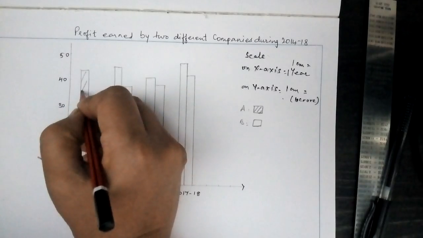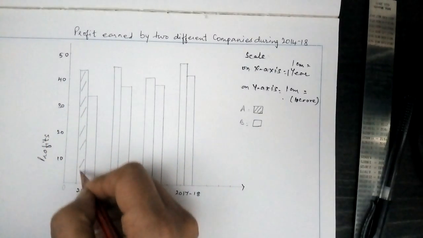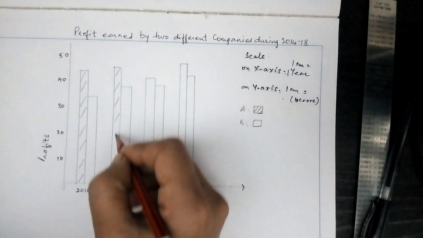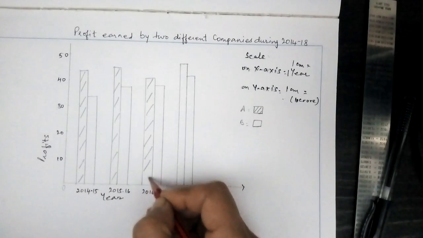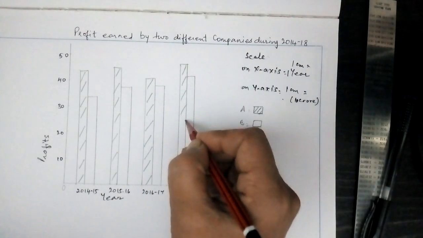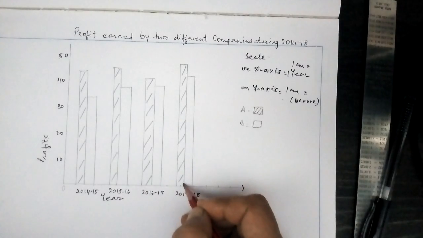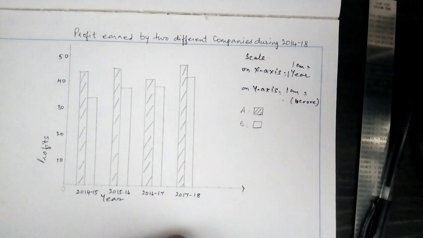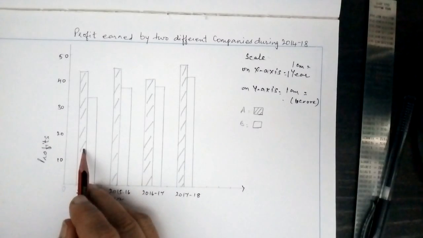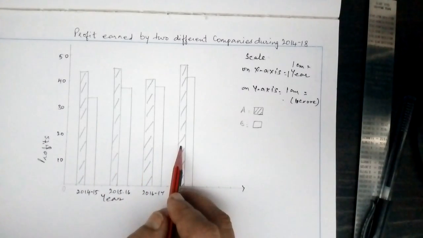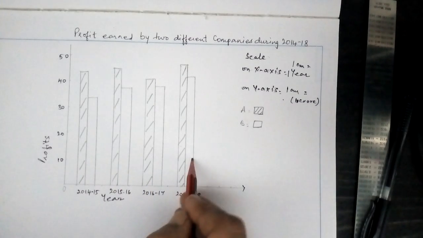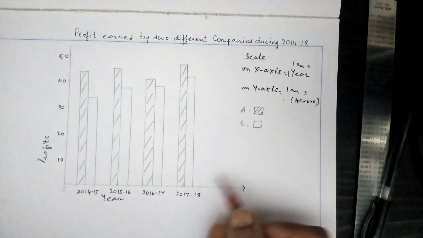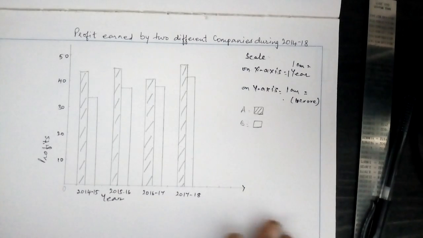So all X's will be shaded so that it is very easy for us to identify which bar represents the profit of company X and which bar represents the profit of company Y. Now it becomes very easy: all those shaded ones are the profits of company X during different periods of time, and those which are empty are the profits of company Y during the different periods of time. So that is how we make the multiple bar diagram.